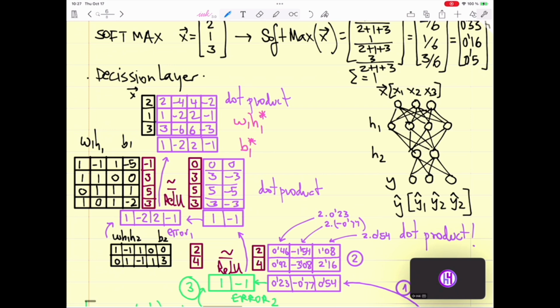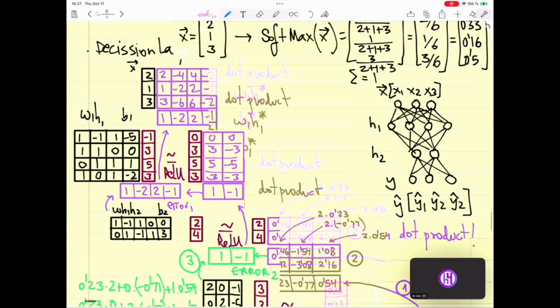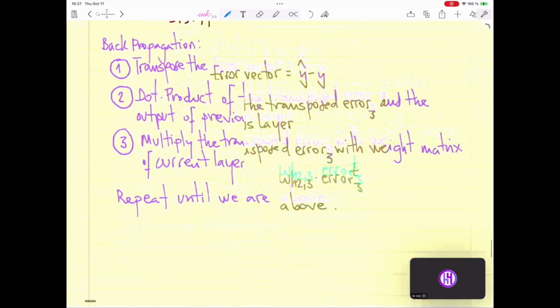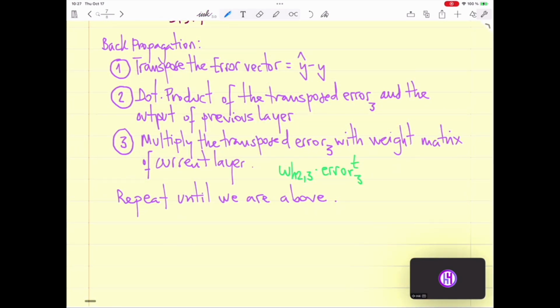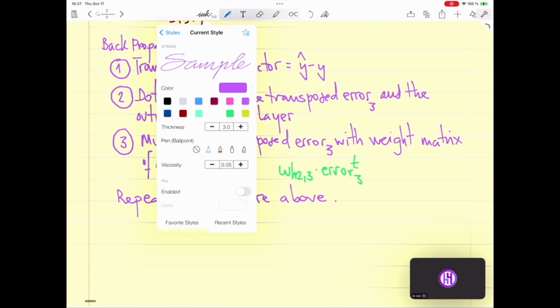So we have performed our first backward propagation. And what we do now is we repeat our feed forward. So step number 4 was to repeat.